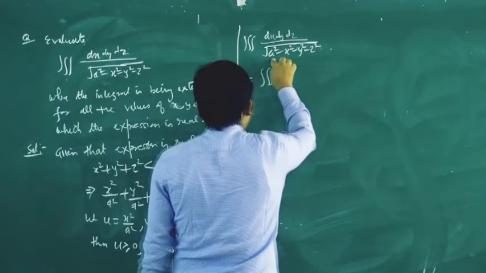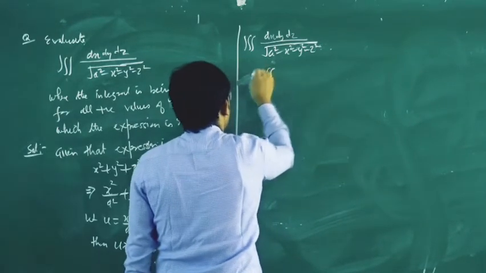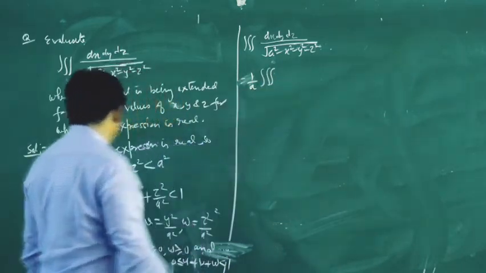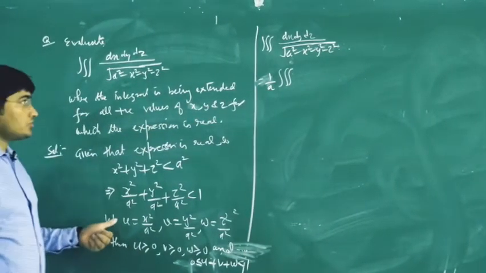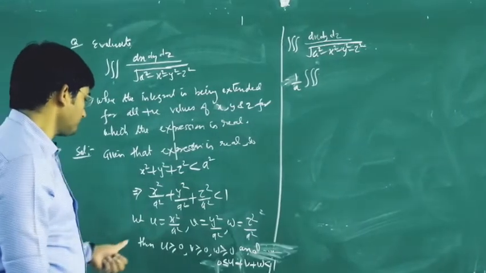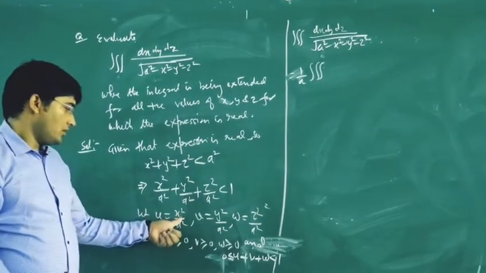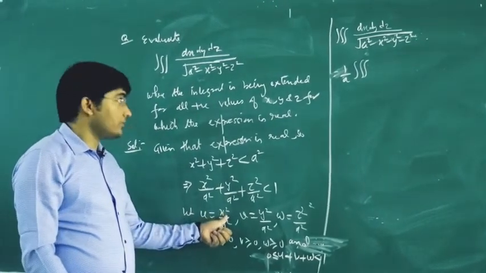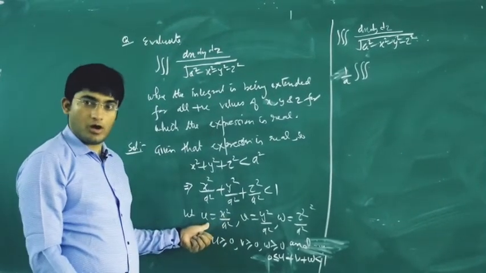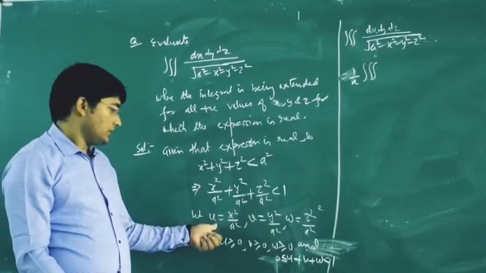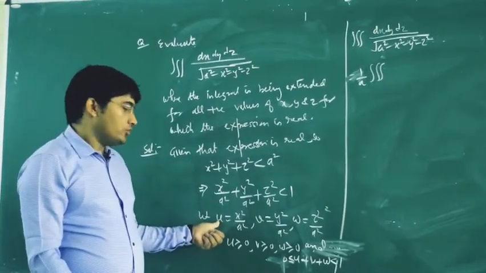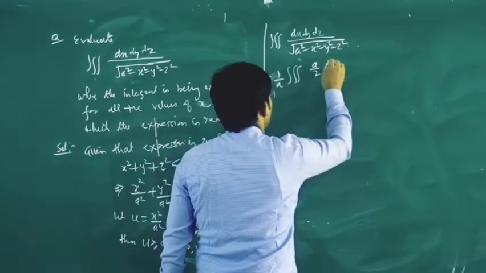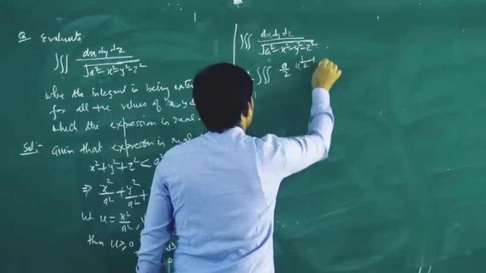let us take a square common from the bracket, so we have 1 by a. Now put the value of dx dy dz. From here our x will be a into u power half, so your dx is a by 2 into u power half minus 1 into du.